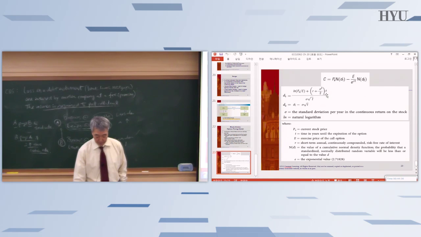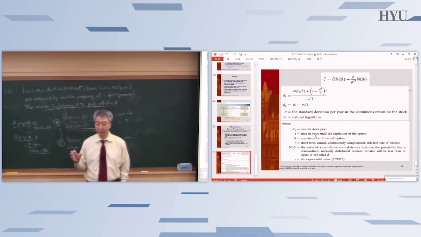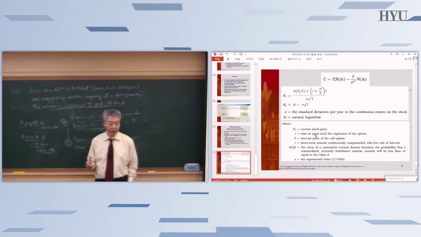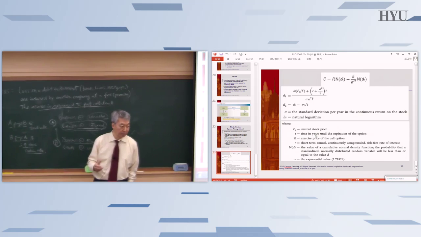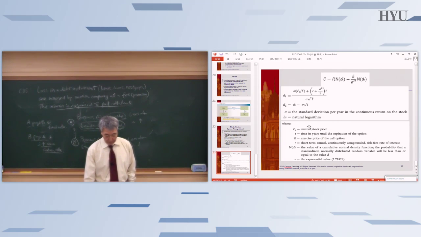And T is the time until the expiration of the option, with everything in years. If your option has 6 months remaining until expiration, it's 0.5. If you have 3 months remaining, that's 0.25 year. And D2 is D1 minus sigma times the square root of T.